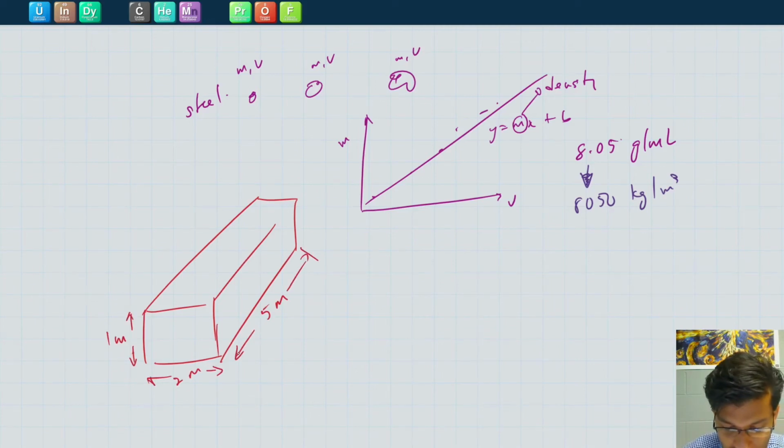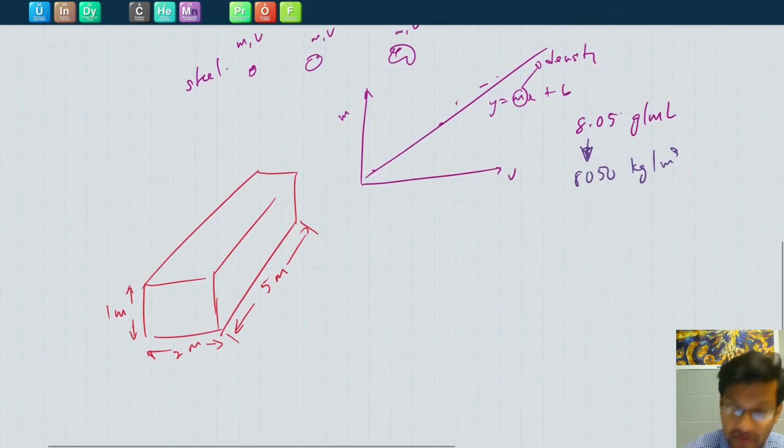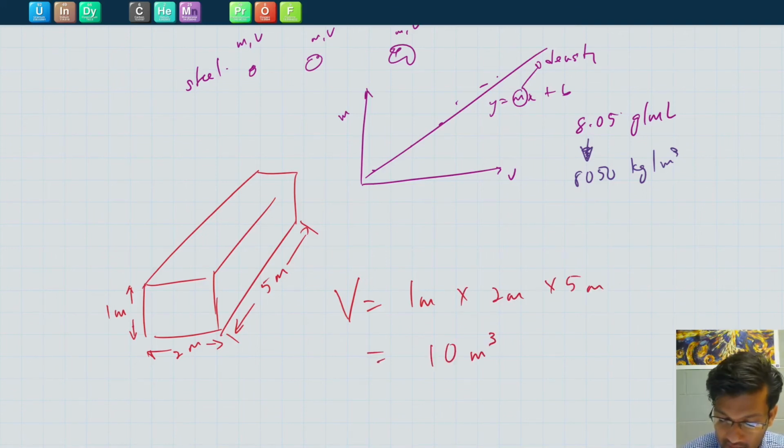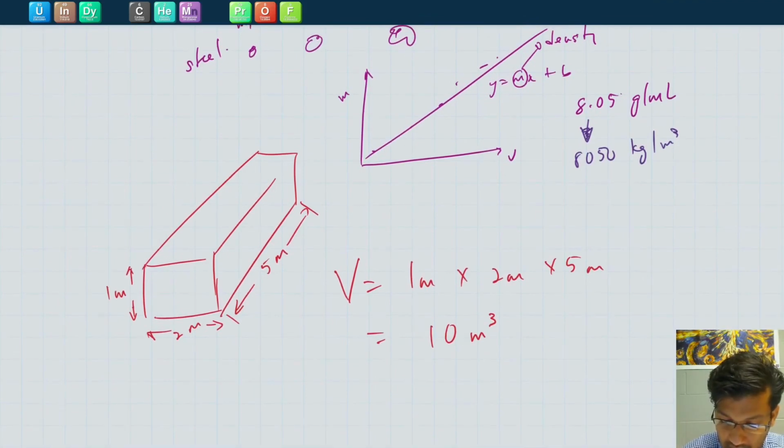Well, you could go out and buy a very, very large scale and try to find the mass of this block of steel. Or you could use the density. You know it's steel. You know the density. You can calculate the volume, right? It's a block, so it'll be 1 meter by 2 meters by 5 meters, which in this example gives me 10 meters cubed. So I know the volume and I know the density.